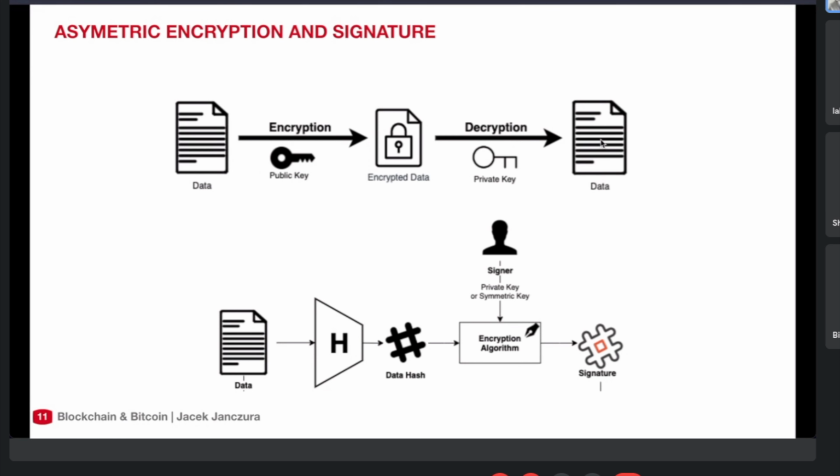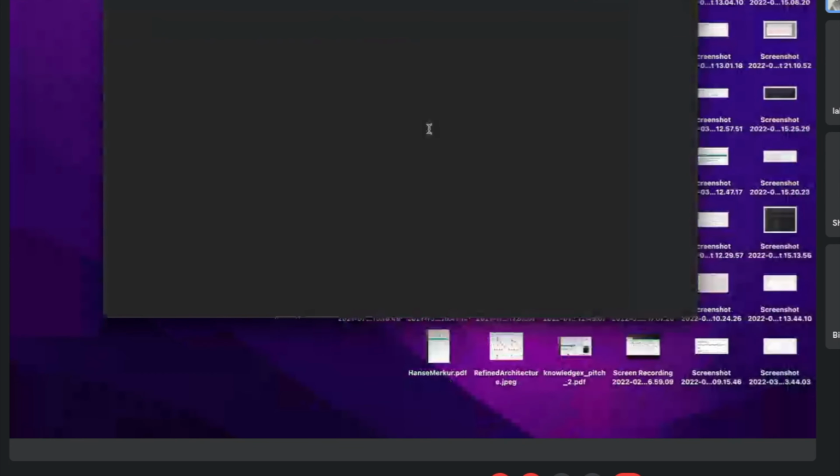Where do we use it? Are you familiar with SSH? Yeah, somewhat, you can say.